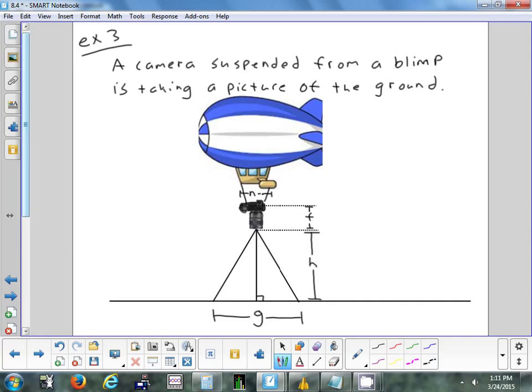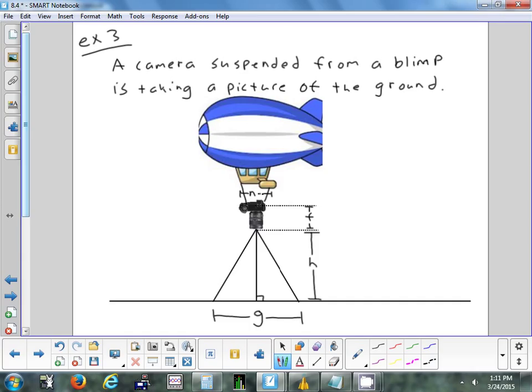G is basically how wide of an area on the ground the camera lens can see, because camera lenses can only photograph so wide of an image. N, I believe, is the distance across the back of the camera. And then F is a measurement from the front of the lens to the back of the camera.